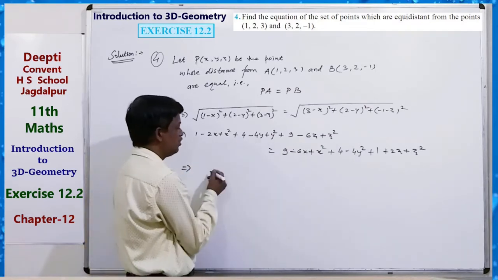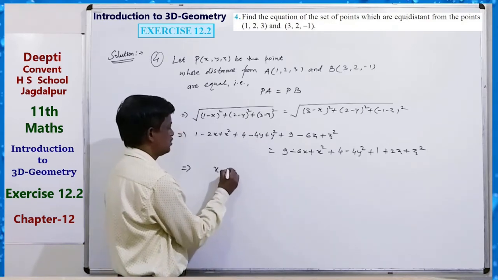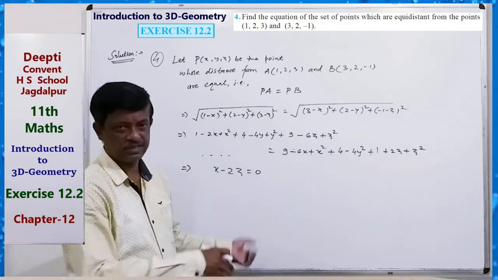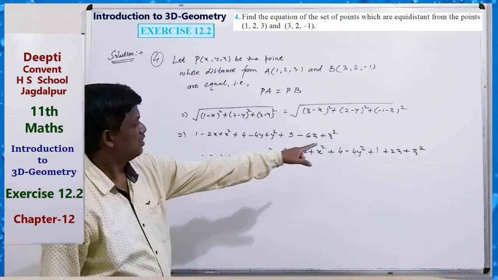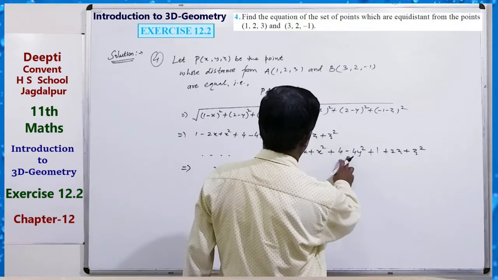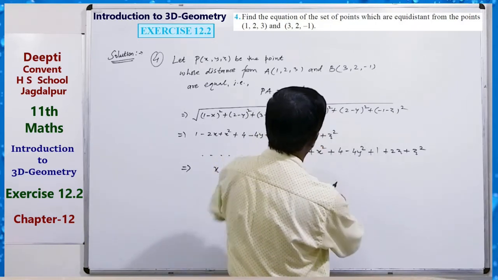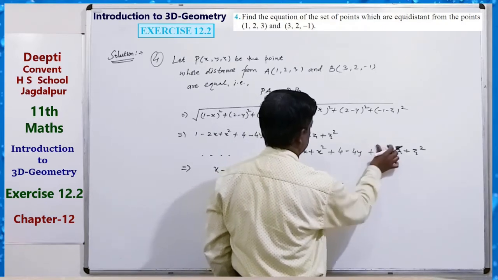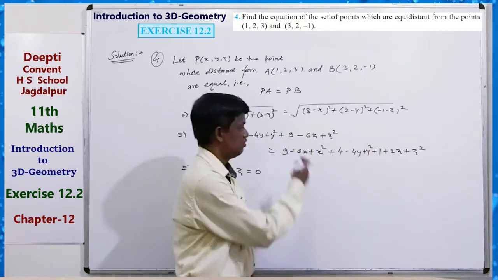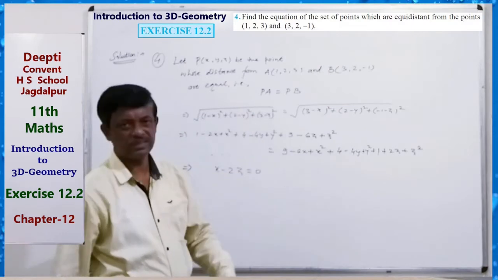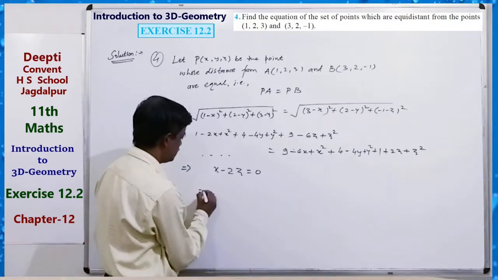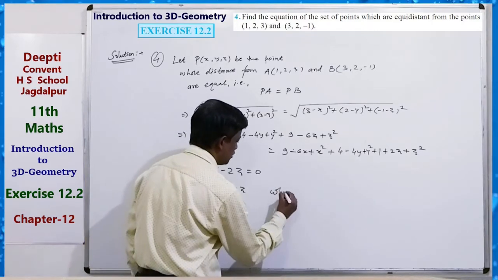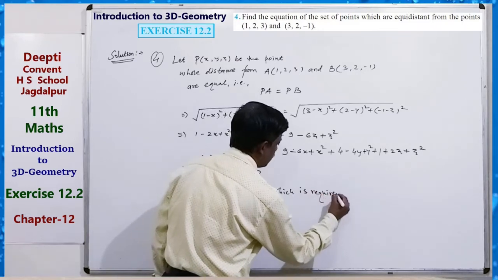The y terms, minus 4y on both sides, also cancel. After solving, we get x minus 2z equals 0, that is x equals 2z. This is the required equation.